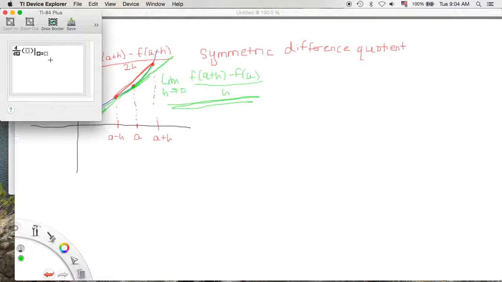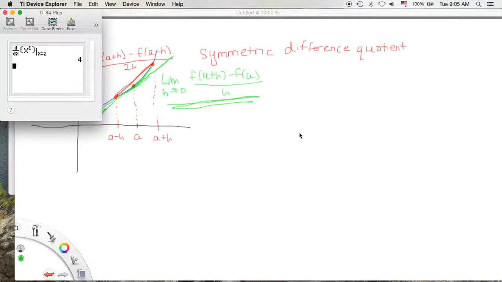So for example, if we want to find the derivative with respect to x of x squared at the point x equals 2, then we can hit enter, and there it is.